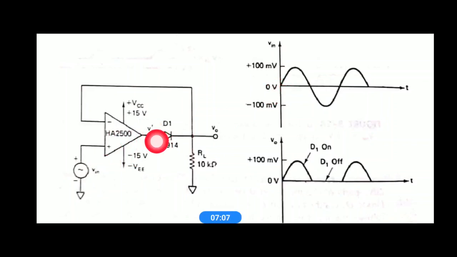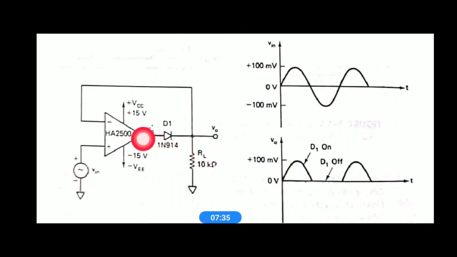When the output is 0 volt, the anode of diode D1 is 0. And the cathode is connected to the negative terminal, and we know that these two terminals are virtually connected. So 0 volt here means there is also 0 volt here.